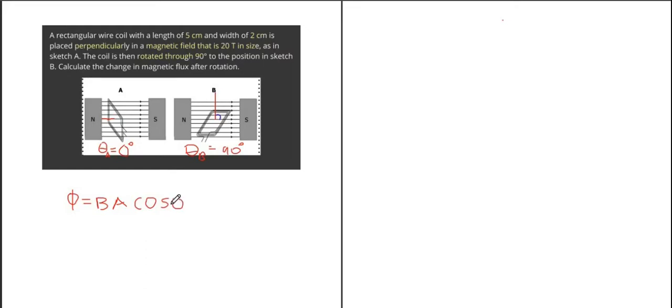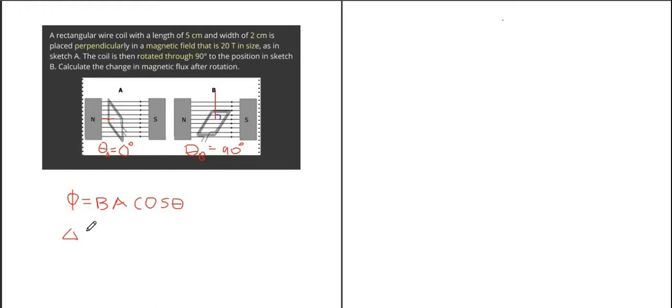And when we say something is a change in magnetic flux, or just a change in something, that essentially means you have to consider the after and the before, and subtract the before from the after.